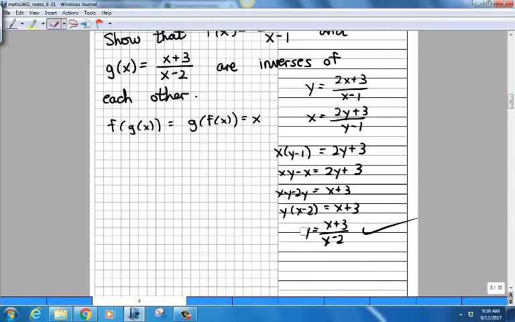Follow this as an example, except you'll have x plus 4 over 3 minus x there.